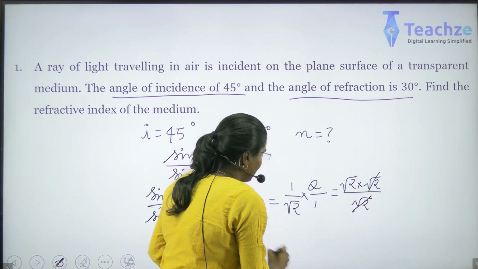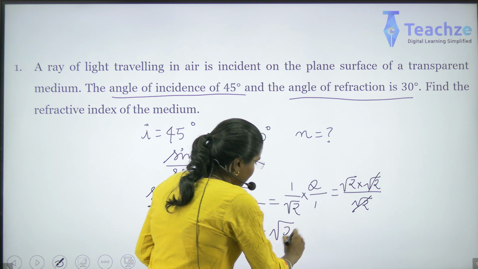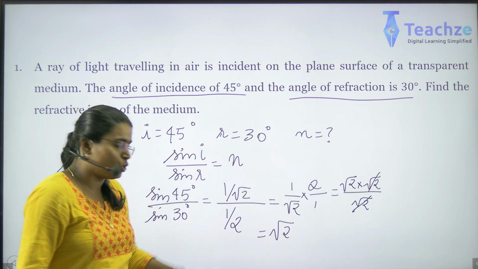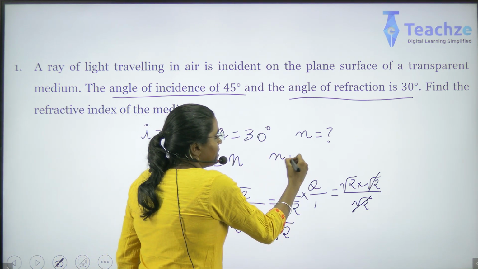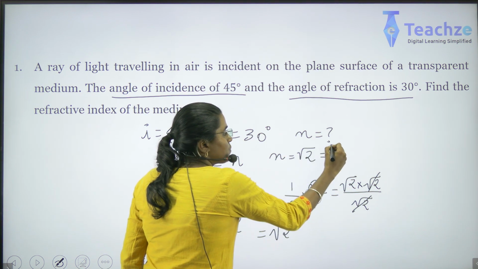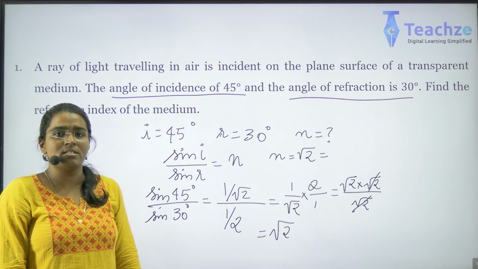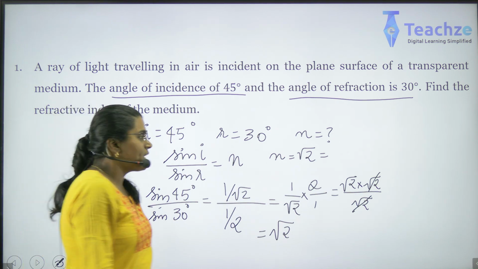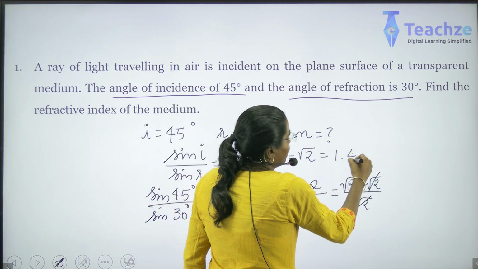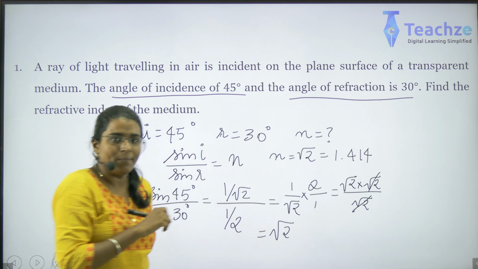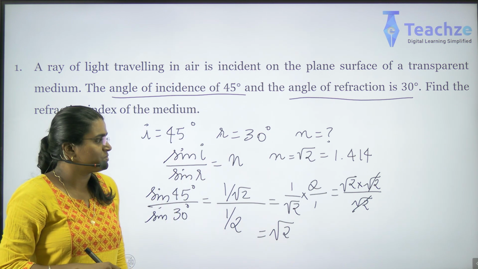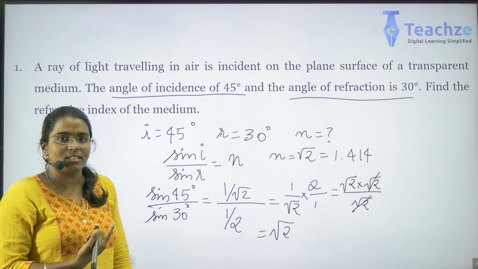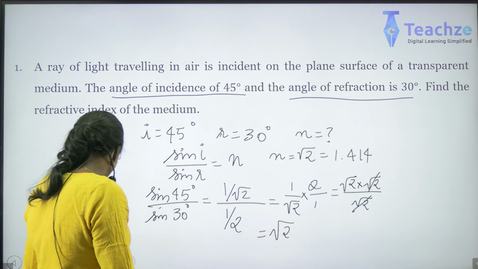So this root 2 gets cancelled and the refractive index will be root 2. So N is equal to root 2. What is the value of root 2? Any guesses? Yes, it's 1.414. I hope you're clear with this. We'll go to the next one.